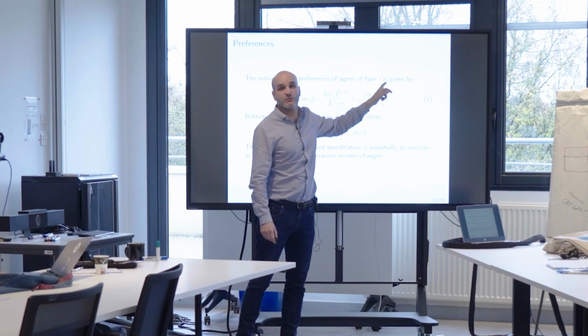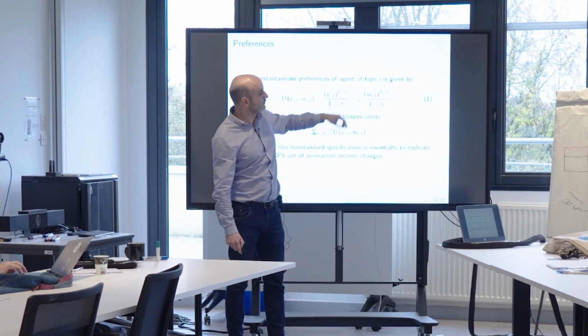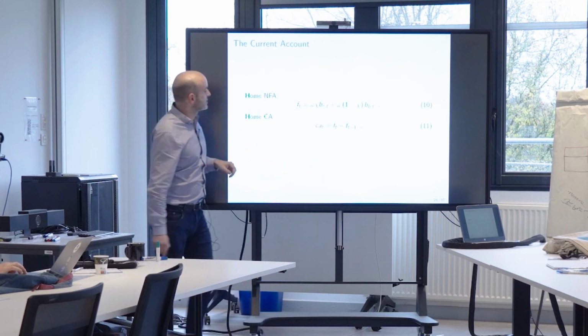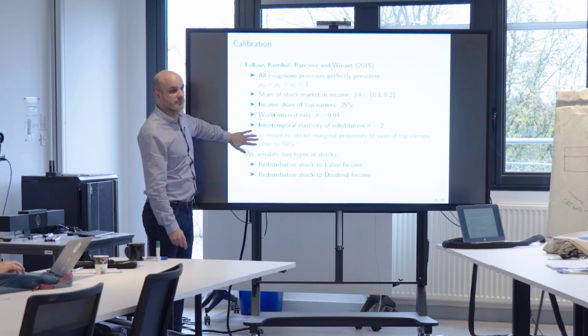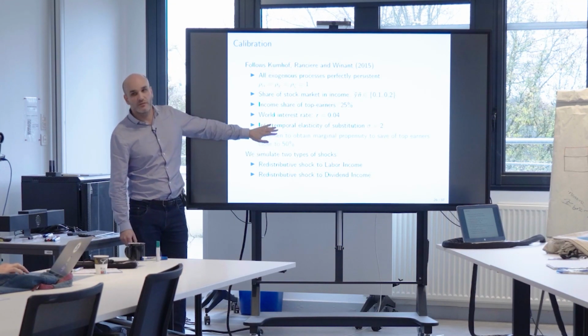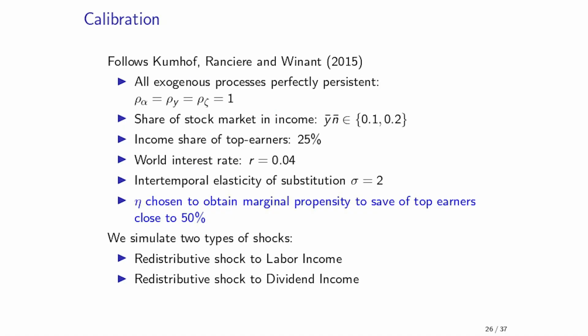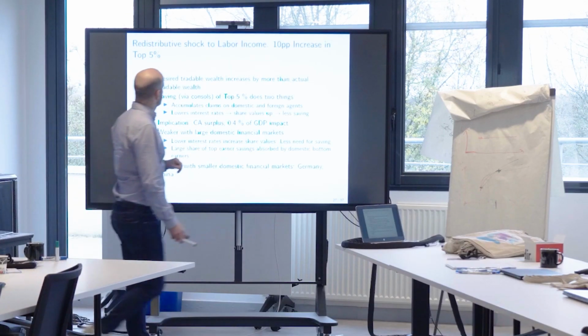We have no idea what they are in the data. So we basically choose them to calibrate marginal propensity to save, and we target 50%, which is not too far from what you have in the US, 45%. You had like 46% in your slide before. So now the labor income shock.